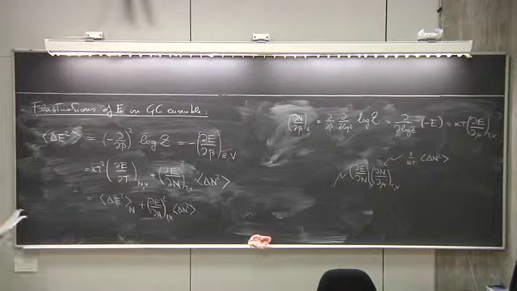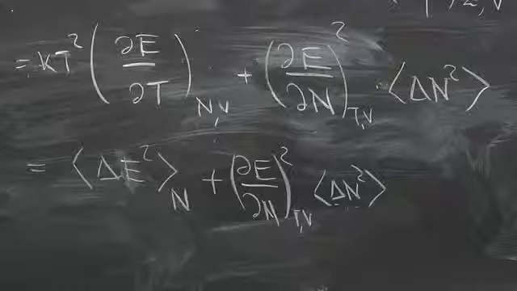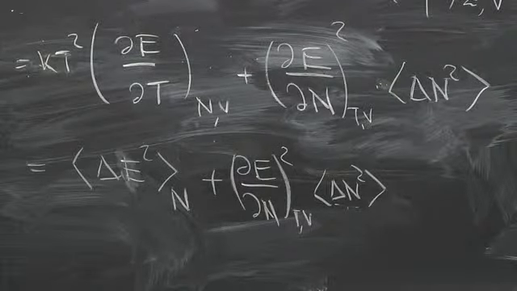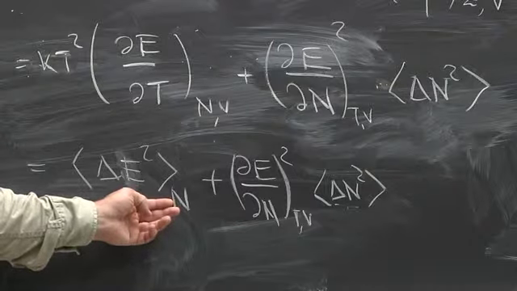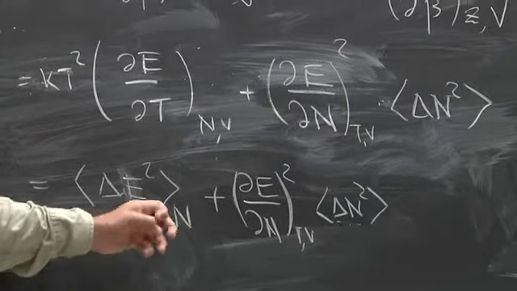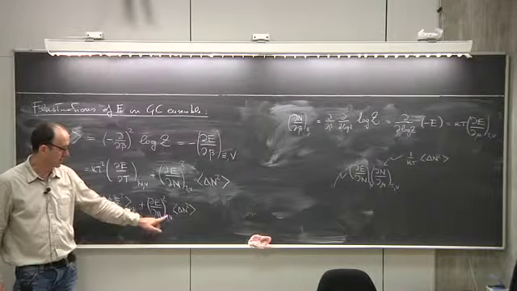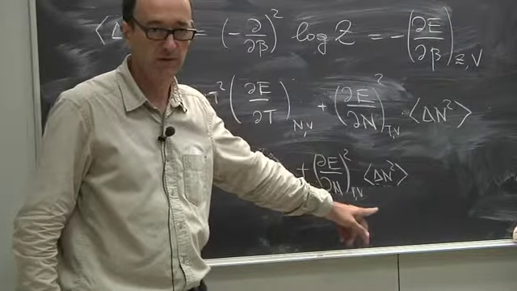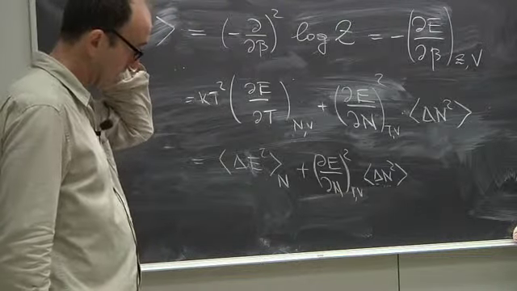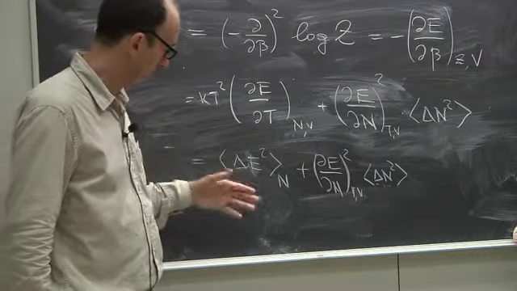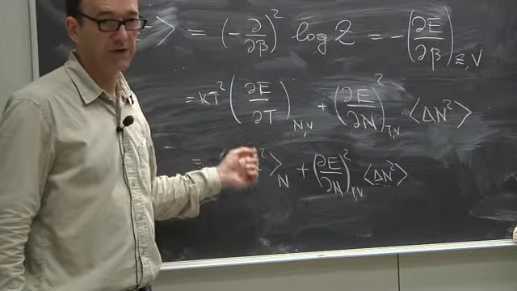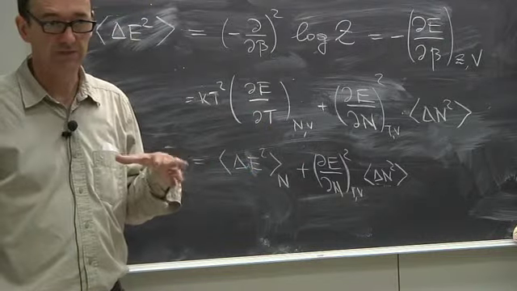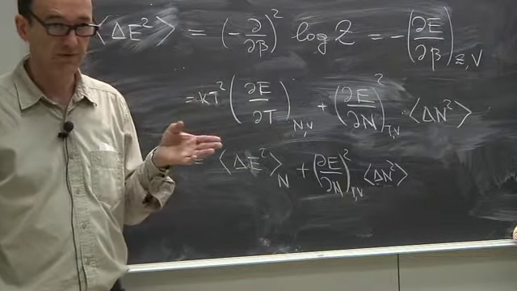So you see, this result tells you that there are two contributions to the fluctuations of the energy. One is the fluctuation in the energy at constant N, and the other is that the energy depends on the number of particles, and the number of particles fluctuates. So this is what you expect if in the grand canonical ensemble the energy and the number of particles fluctuate independently.